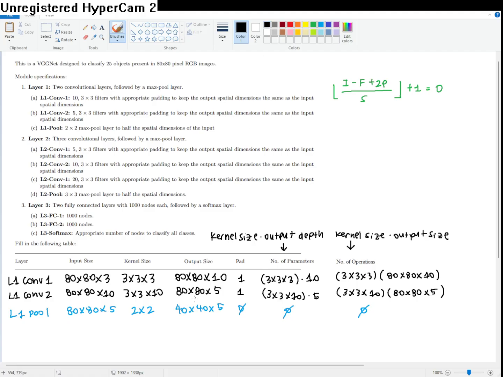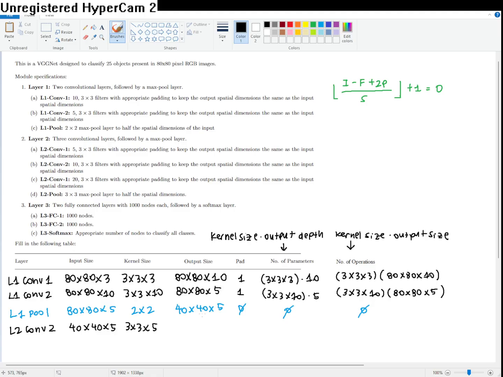The next layer is going to be the first convolution of the second layer. And as always, 40 by 40 by 5, as that is the output of the previous layer. The kernel size here is going to be a 3 by 3 kernel. Again, looks like we have 3 by 3 kernels throughout, so that's good to know.